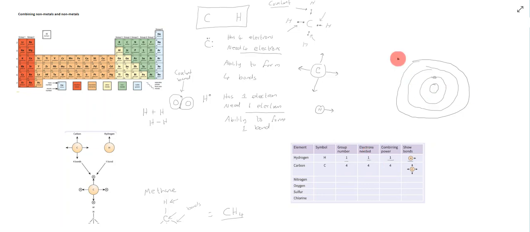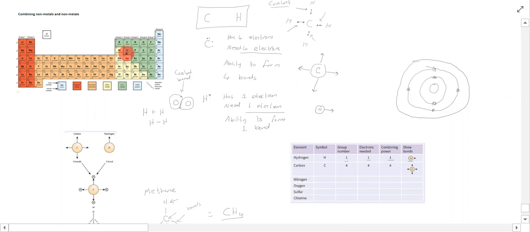So imagine this is your carbon atom. Remember, you're going to have 2 electrons in the first shell, and then the next shell out can hold 8, but it's going to have 4 electrons: 1, 2, 3, 4. With carbon, we know that it's group 4, so it has 4 electrons in its outer shell.